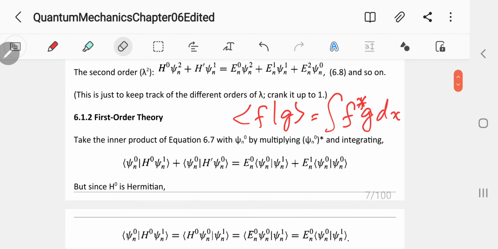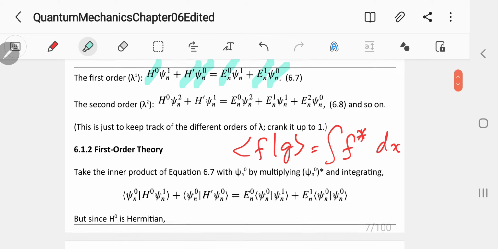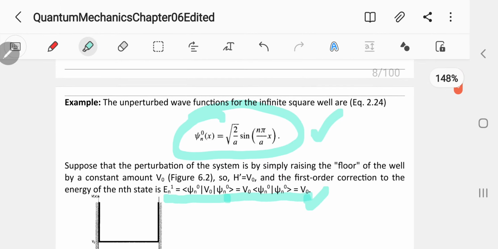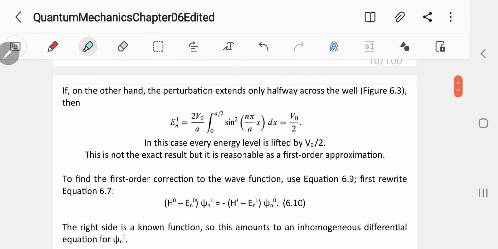However, we have to look at 6.7 first. Here this is of course a perturbation, this is okay, this one is okay, we have that value, and this one is also okay. So we can now factor out phi_n^1 so that we will have this.